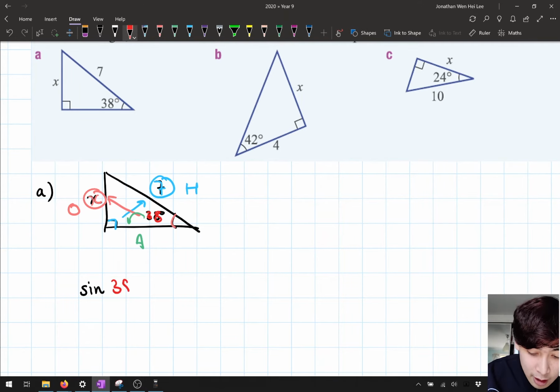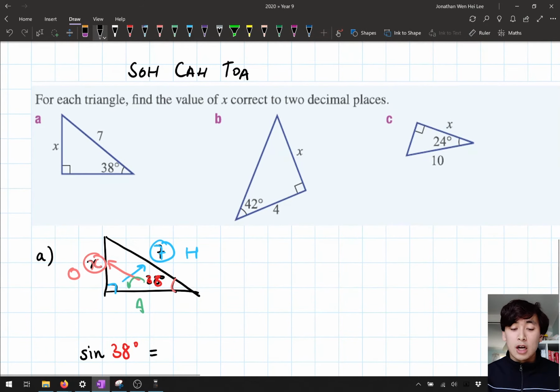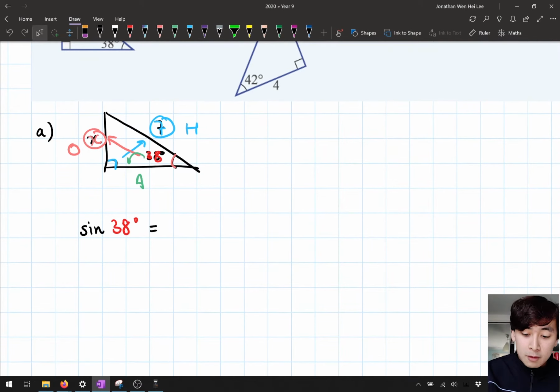So I'm going to write sine 38 degrees is equal to, well, sine is opposite over hypotenuse. So O comes first, that's the one at the top. So here it's going to be my opposite side, which is X, over H, which is 7. So I'm trying to find that missing length for X.